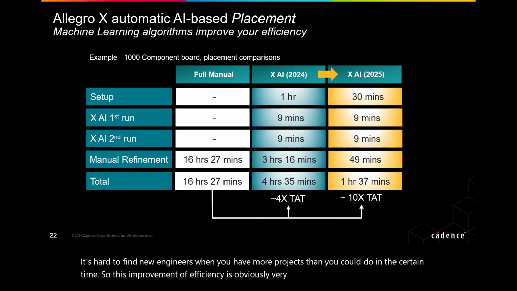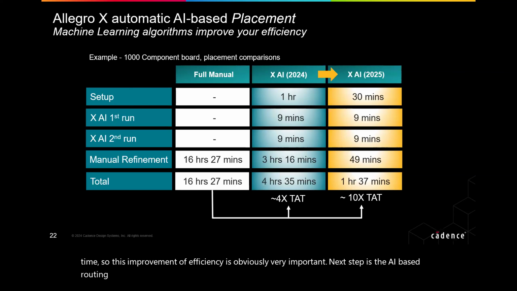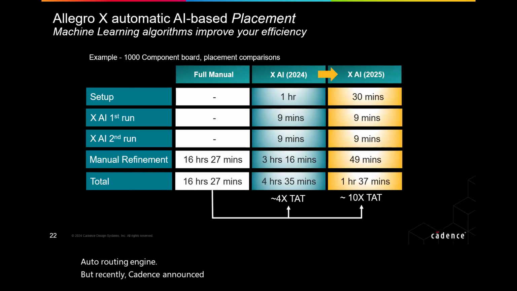Next step is AI-based routing. Cadence has its proprietary auto routing engine, but recently Cadence announced that AI routing will really improve the quality.